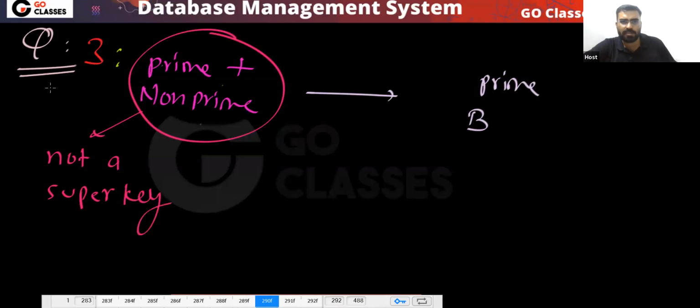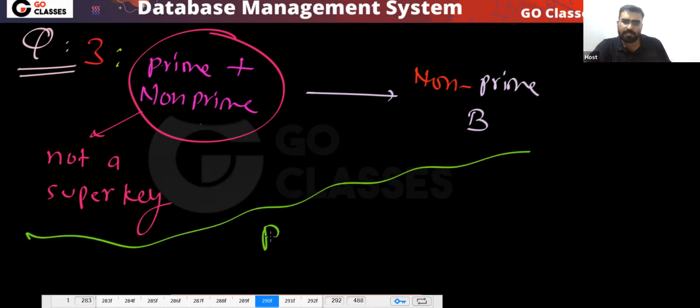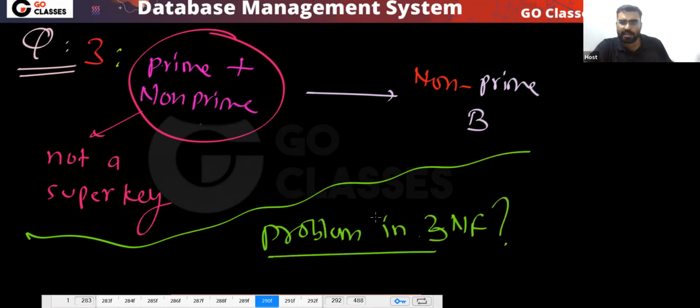Make sure it is not a super key. Determining non-prime. Is there any problem in 2NF? Is there any problem in 3NF?